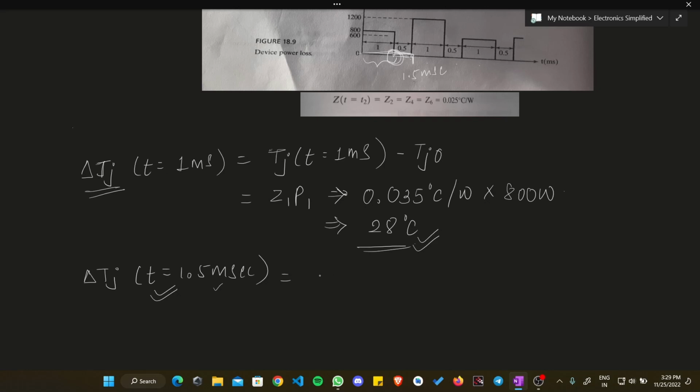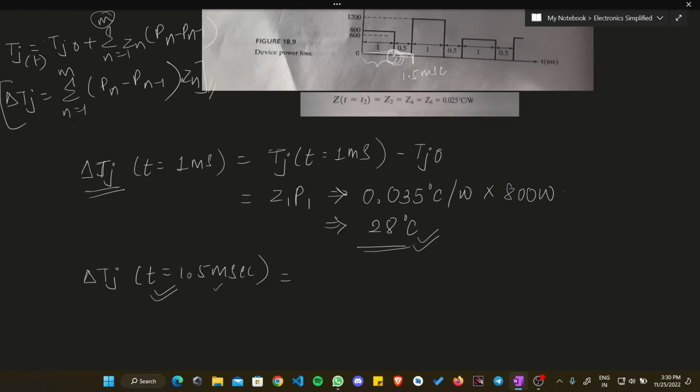Okay, so now according to our formula, let me write the formula over here so we don't have to look at it again and again. So we'll simply put m equal to 2 because we want to find the delta Tj, that is the difference in junction temperature at the end of the second pulse.